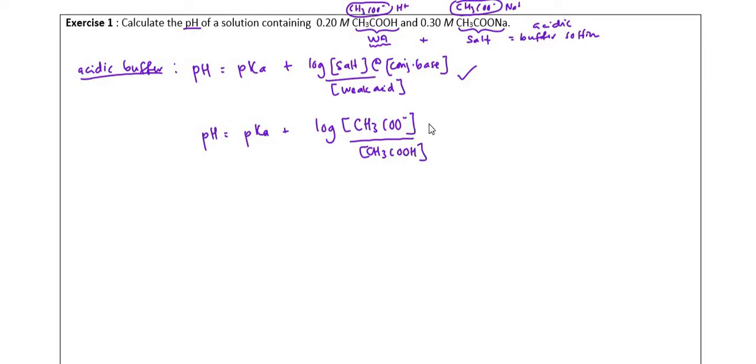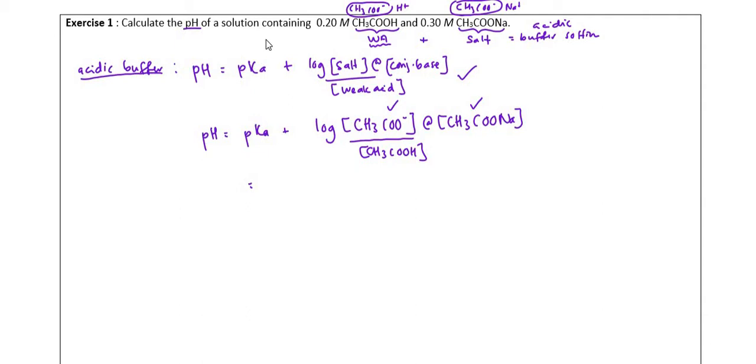If you don't want to write this, you can write CH3COONa. Either you write in terms of the conjugate base or in terms of the salt. Then you just insert the values.